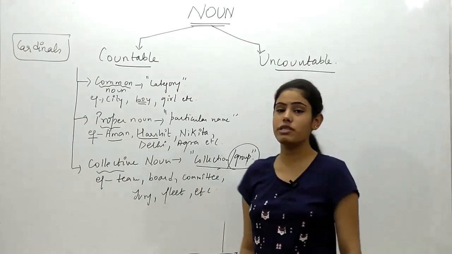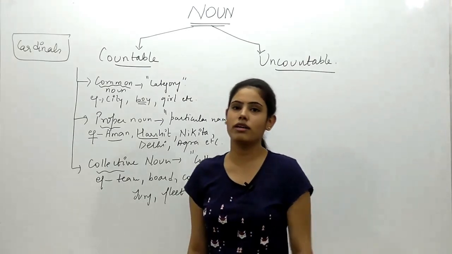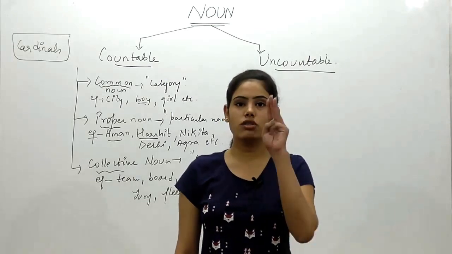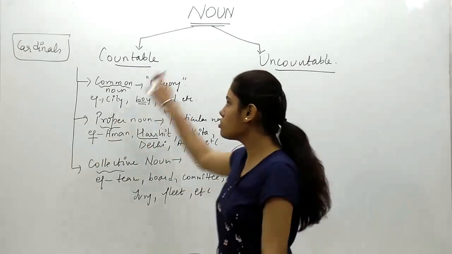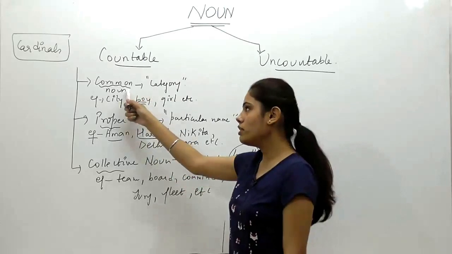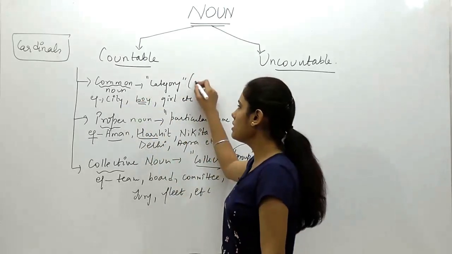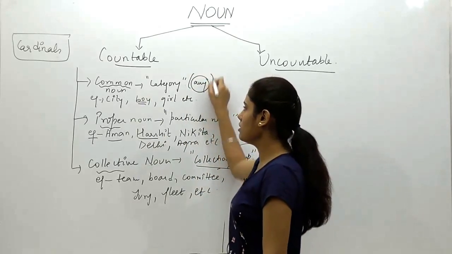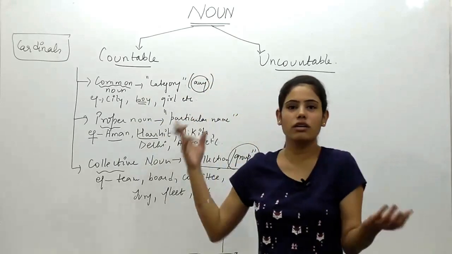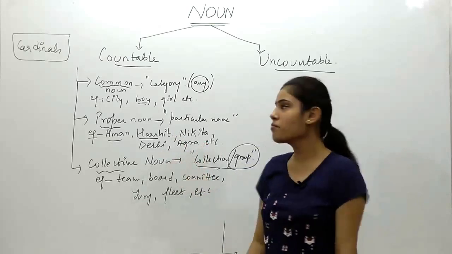Litter of cubs we say. So that is also what? A collective noun. So three types of countable nouns are: common noun, which implies a particular category. It can be any boy or any girl, right? It's common, general.